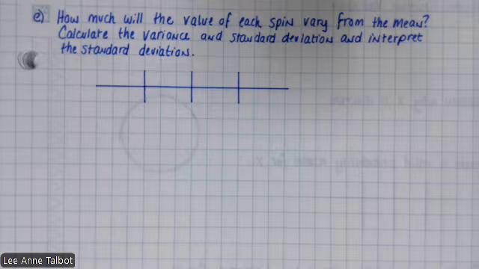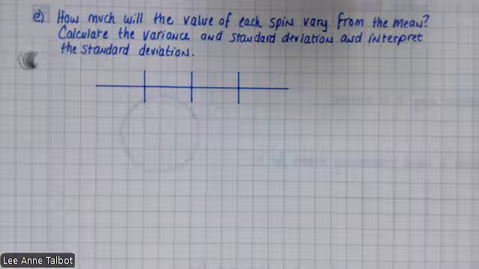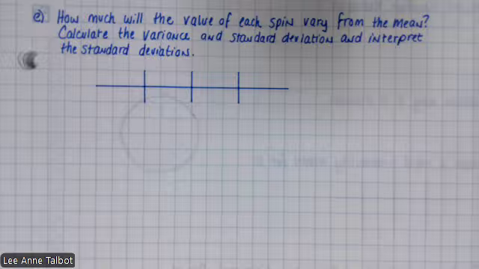The first thing you do is take each value and subtract the mean from it. I listed all the numbers, subtracted the mean, and then squared them. Then I added them all together, divided by n minus one, the number of numbers minus one, and then I square rooted. It sounds so simple now.